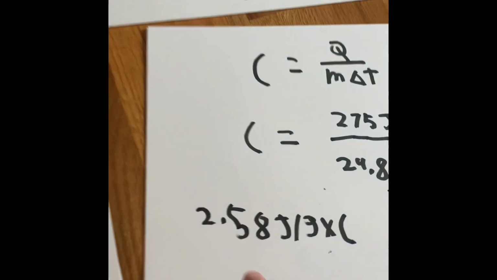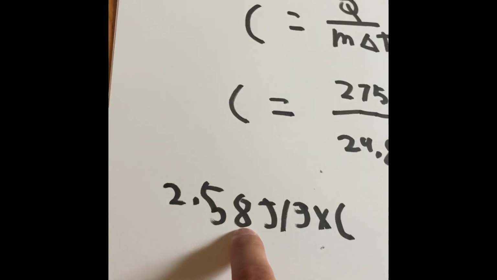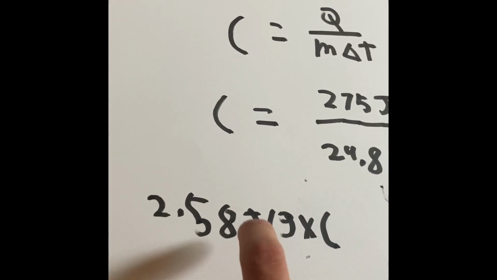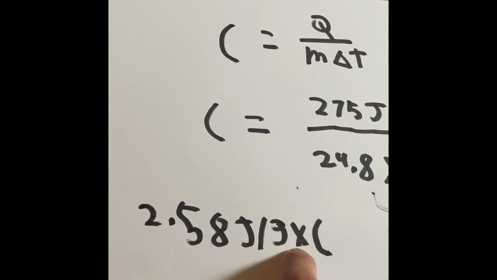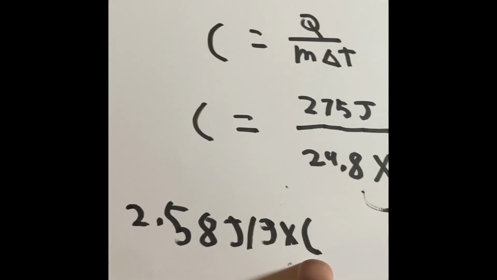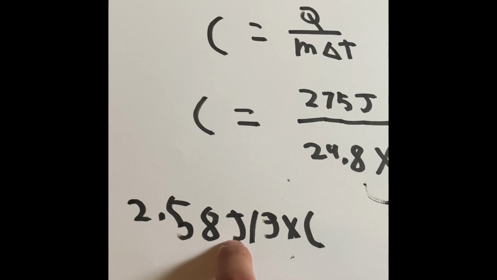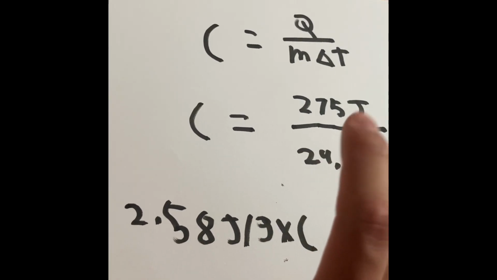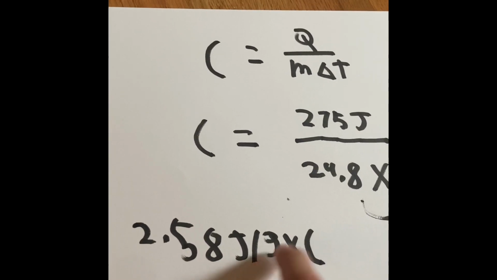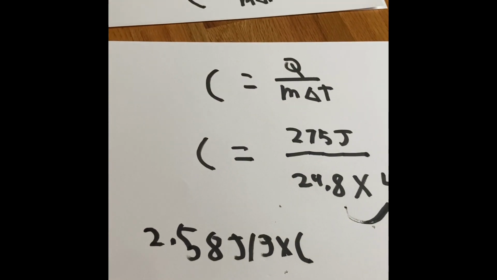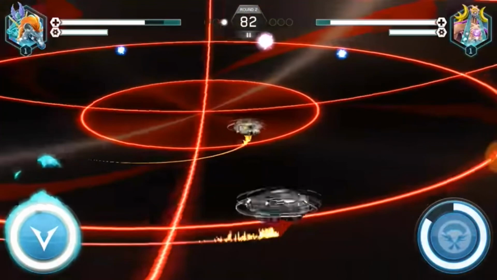But the specific heat is 2.58 joules per gram times Celsius. So for every 1 Celsius, you have this much energy in the metal if it weighs 1 gram. So that is how we can find the specific heat.